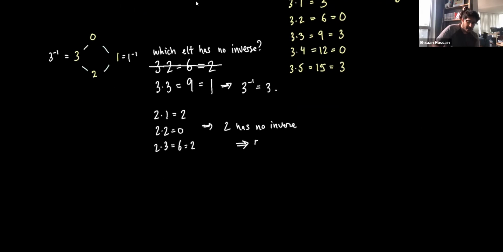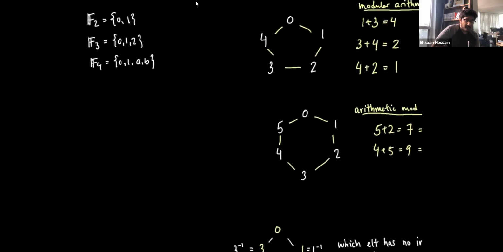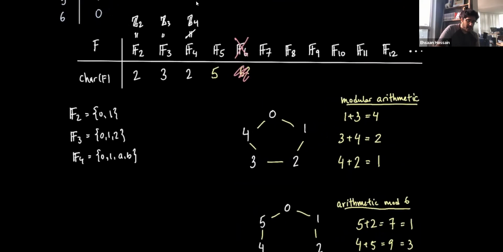Yeah, it tells you that Z4 is not a field. Like this set 0, 1, 2, 3, that's not a field, but that's not what F4 is. F4 is something else. It's not Z4. That's tricky. So there is a field of 4 elements. It's just not Z4. Z4 isn't a field of 4 elements, but there's some other field with some other operations.